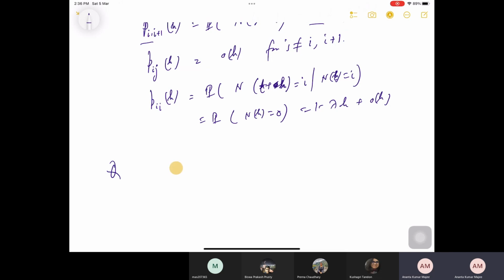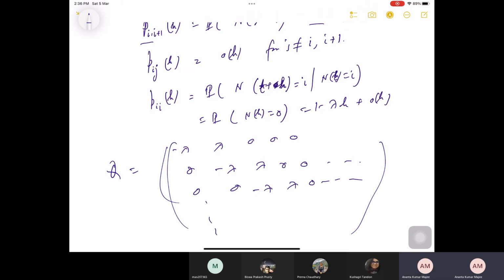So Q, in this case, is minus lambda, lambda, 0, 0, then 0, minus lambda, lambda, 0, and so on, 0, 0, minus lambda, lambda, and so on. Okay, so this is the rate matrix or the transition matrix for the Poisson process.